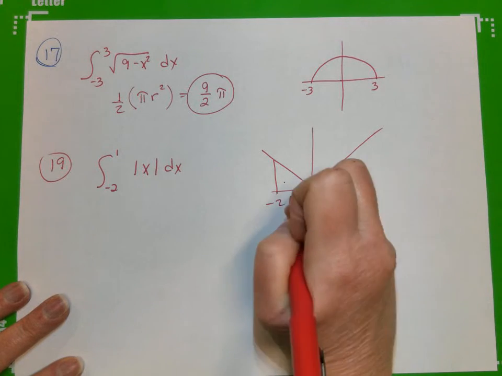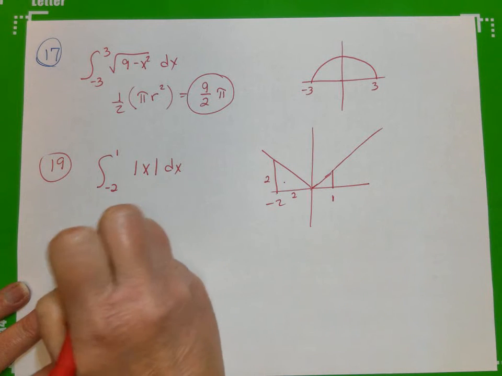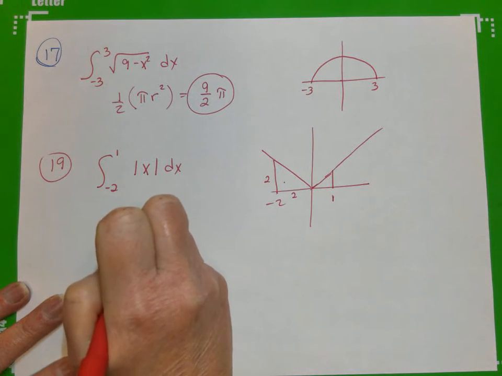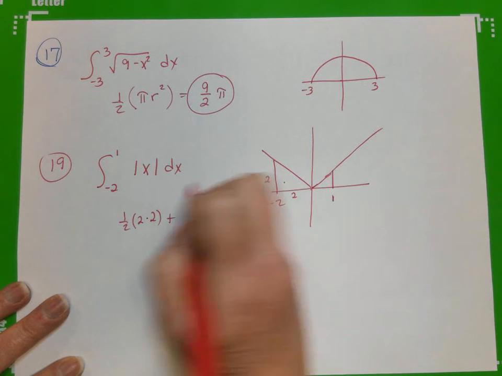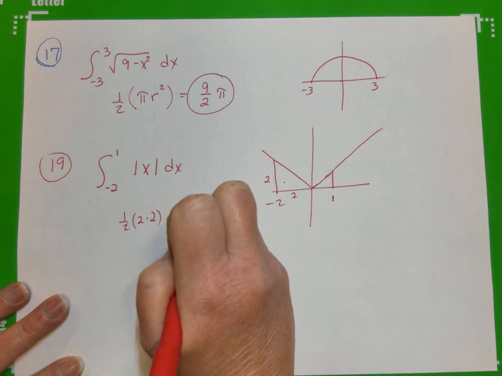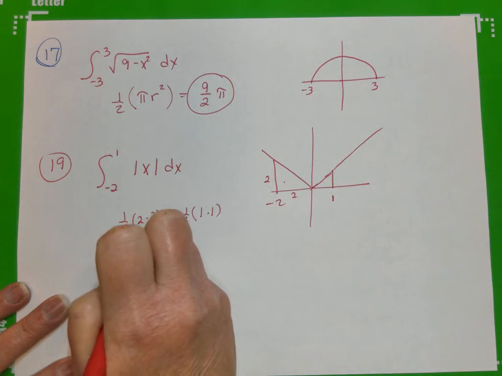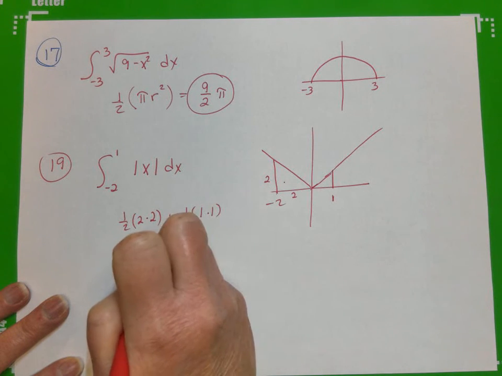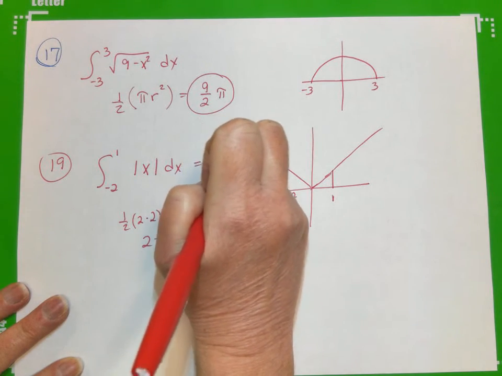If this is 2, then this is 2. So this triangle has an area of 1/2 of 2 times 2, plus this has an area of 1/2 of 1 times 1. 2 times 2 is 4, half of that is 2. 1 times 1 is 1, half of that is 1/2. So I have an area of 2 and 1/2.